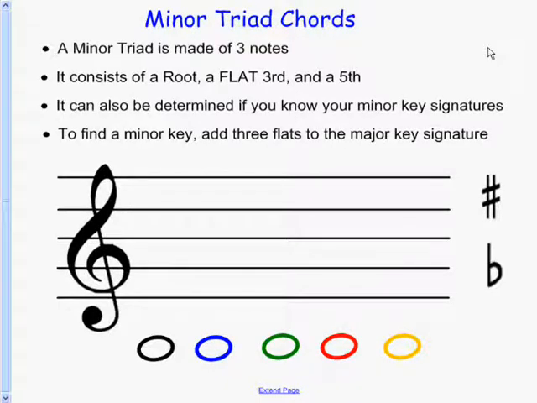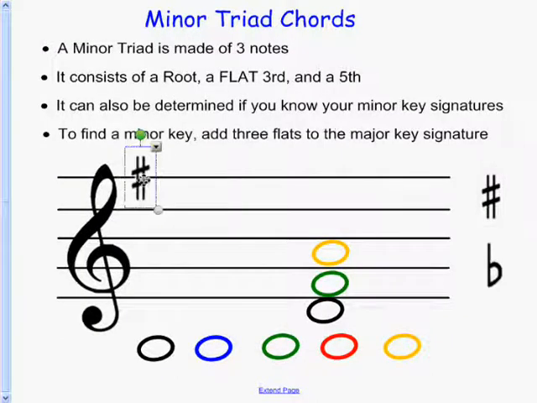So here is our D, here is our F, here is our A. Move all those over so we have enough room. And what am I going to do? The major key of D has 2 sharps. And so I'm going to add 3 flats, which takes away this one, takes away this one, that's 2 flats, and we add a flat in.